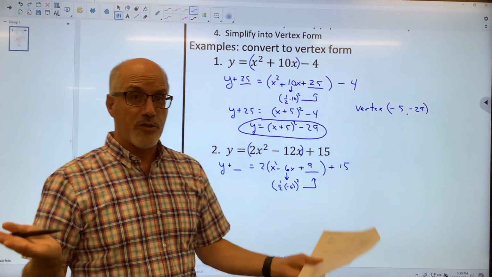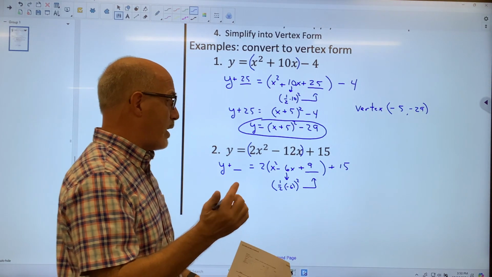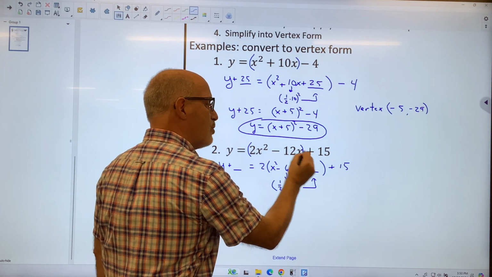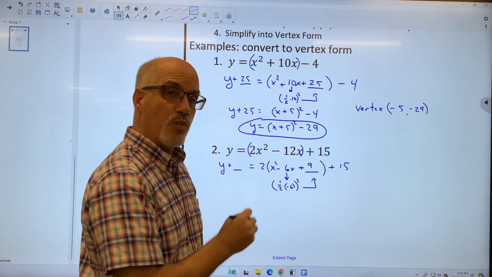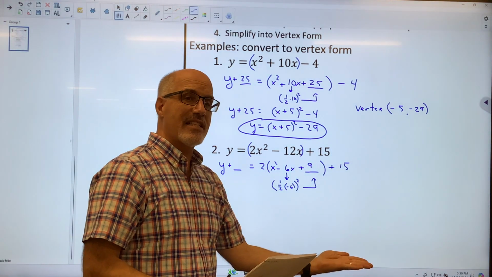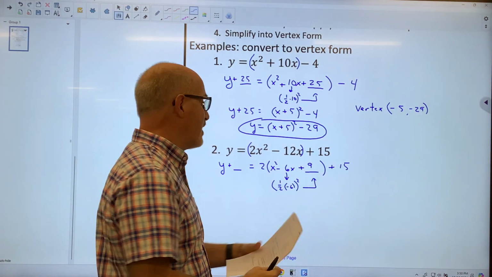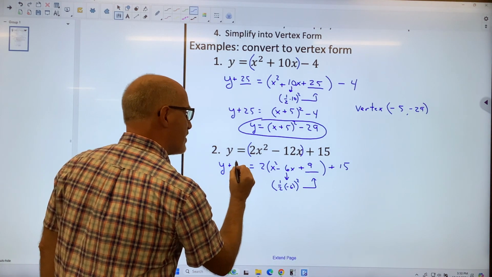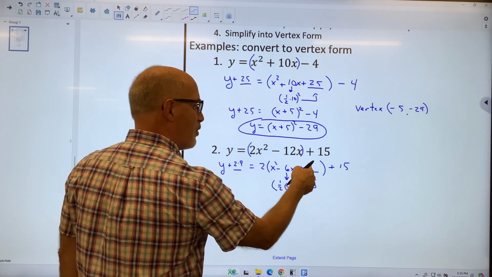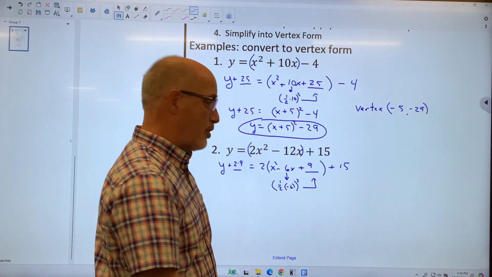That's what you do in algebra, is balance on both sides of the equation. Notice that this 2 is actually 2 times 9 is what's really being added to this side. We're adding an 18 to this side, not just a 9. So whatever you put over here, this is going to be a 2 times 9, because you take the a, multiply it by that, and that's what you add.